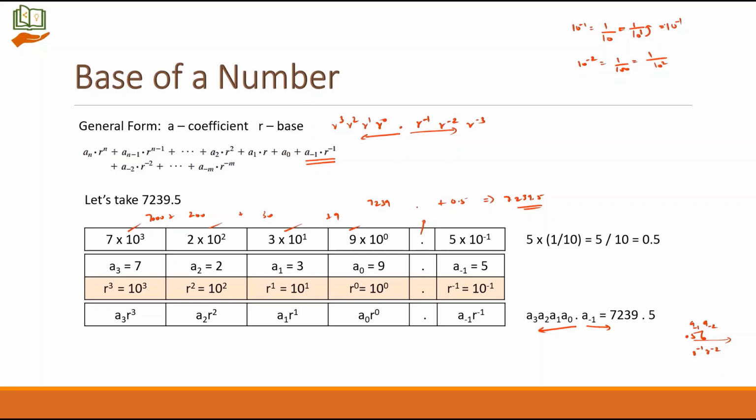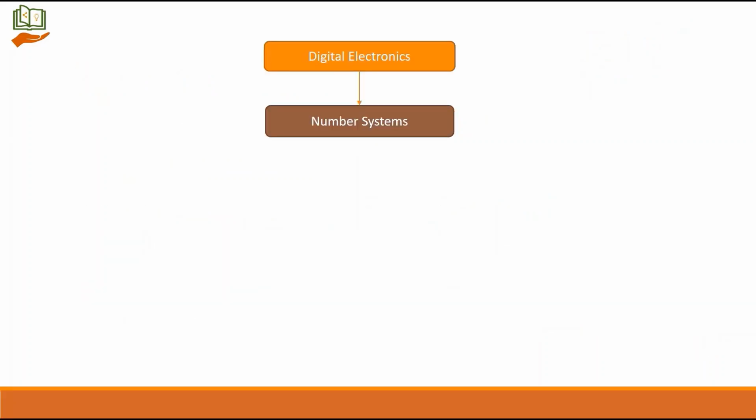So now you could have understood what is the base of a number. It is with what value we specify and how the weightage is given to every digit. The weightage depends on the particular base. This is for the normal decimal number system that we use. In computers, along with these number systems, we have other number systems too. Under digital electronics, we have the topic number systems.